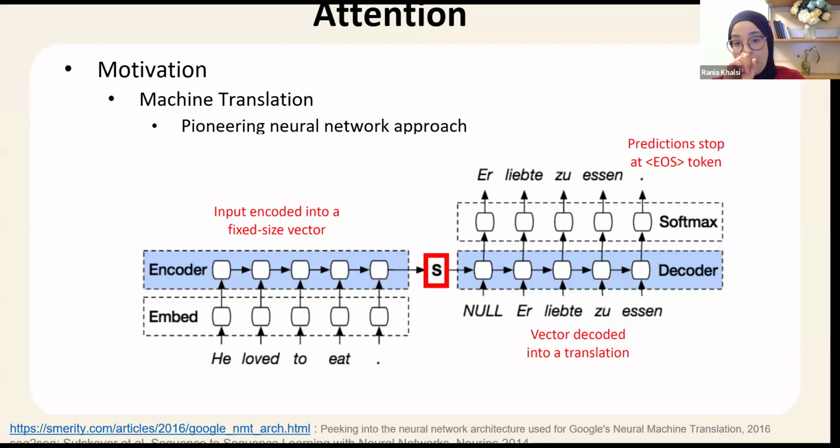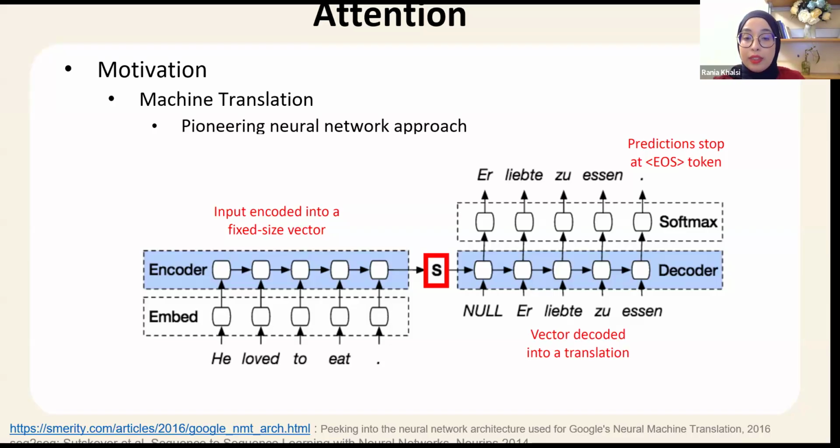These are just examples, okay? Now the idea is that, regardless of the original length of the sentence, the encoder is going to map it into a fixed size vector, which is S in this case, okay? This vector mainly acts as the entire input, and it captures the essential information needed for translation.